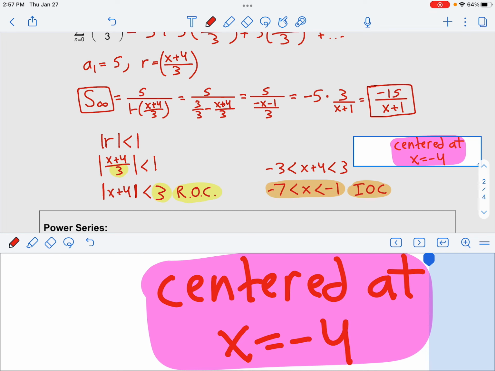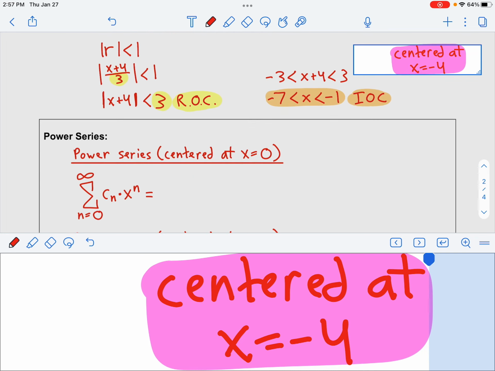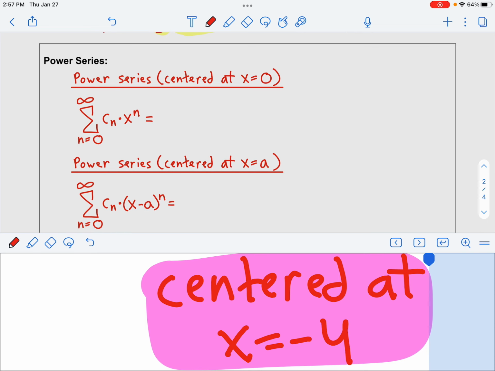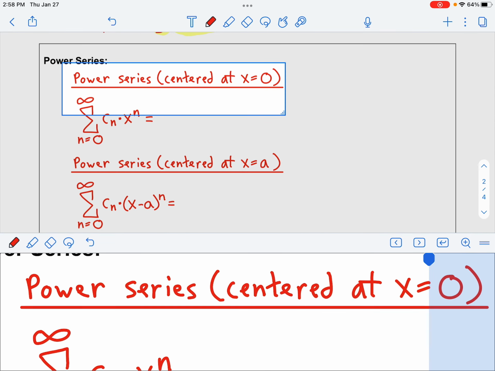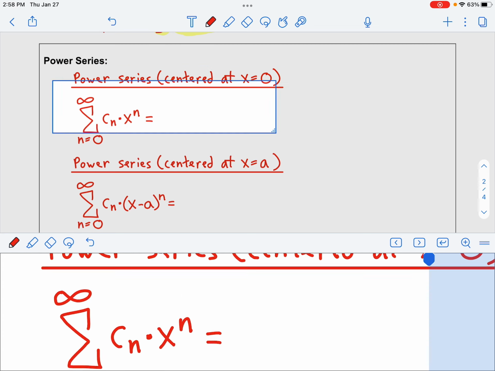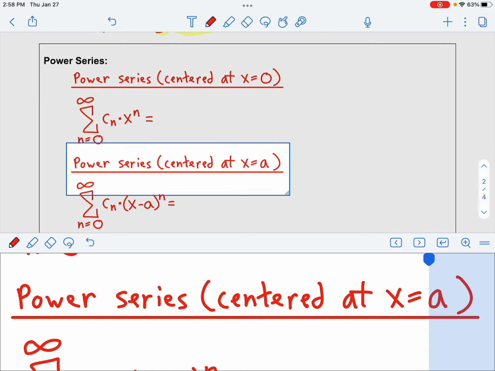Okay, so all of this brings us to the idea of what this section is called and the heading for the last 3 days of notes, which is a power series. A power series is just a type of geometric series, and they can be centered at either x equals 0 or at some other value x equals a.